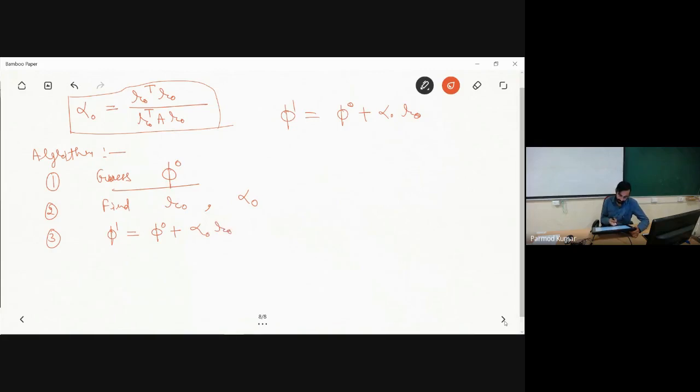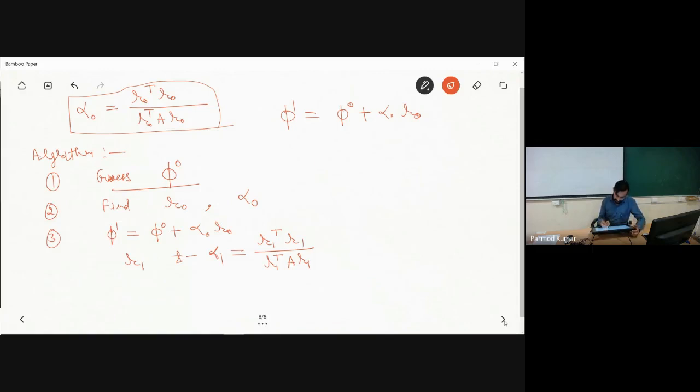Once I have found phi1, what I'll be finding further? I'll be finding further the value of R1 and alpha 1. What will be the value of alpha 1? Can you tell me what will be the value for alpha 1? R1T into R1 divided by R1T into AR1. Okay. Then once I found R1 and alpha 1, I can go to the next iteration.